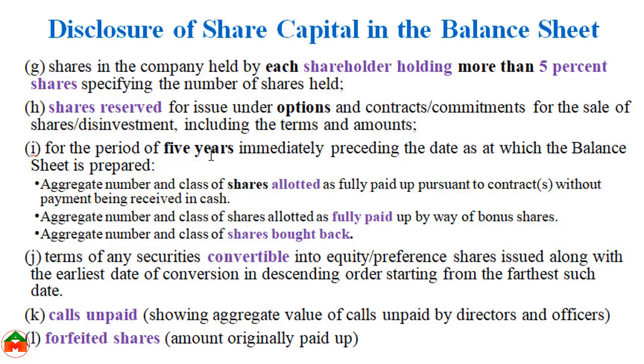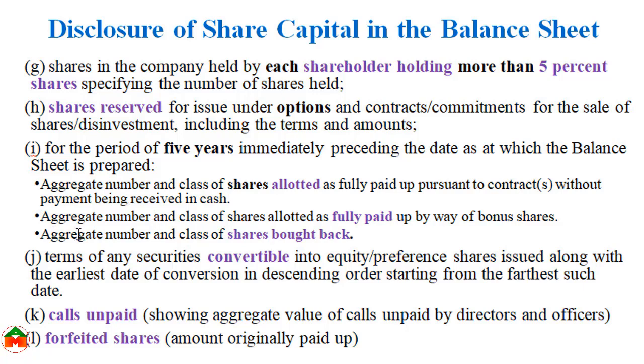And for the period of 5 years immediately preceding the date as at which the balance sheet or statement of financial position is prepared, you have to show the aggregate number and class of share allotted as fully paid up pursuant to contracts without payment being received in cash.